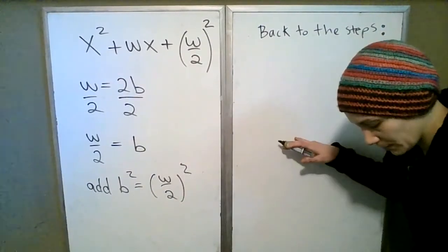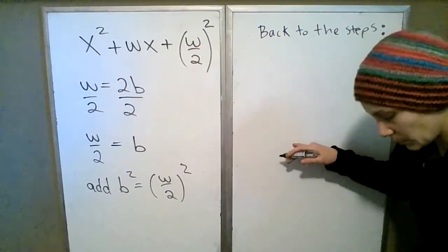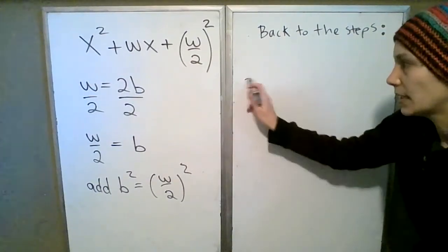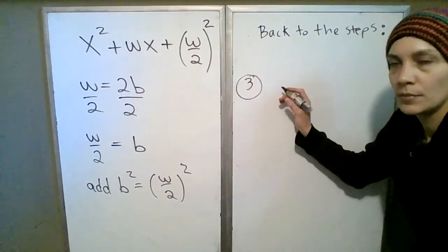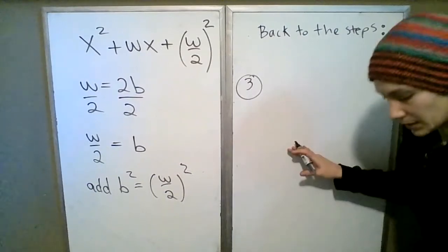You add that number, and by adding that number, you can complete the square, which is step 3. And we'll practice that a few times before we go through all of these steps.